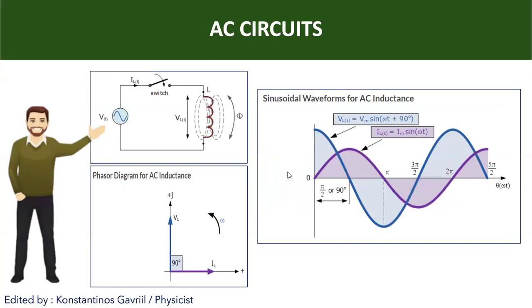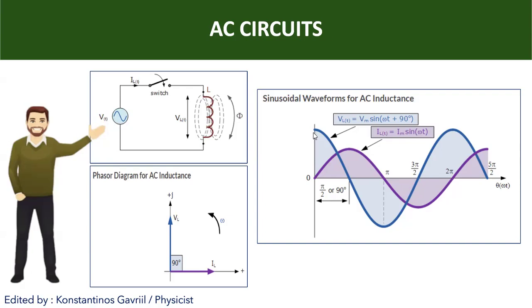Here we have the waveforms for the voltage and for the current. Because of this behavior of the inductor, the voltage leads the current by 90 degrees. This is the expression we use in order to represent the whole phenomenon that takes place during the operation of this circuit.